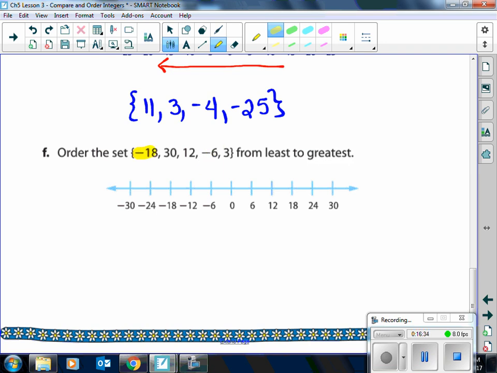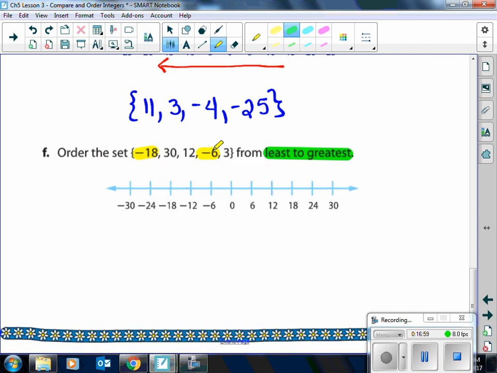So here we've got 18 and negative 6. Keeping in mind we're going from least to greatest, okay? Now the reason I chose to do the negatives first is because we're starting with the least. If I were going from greatest to least, I would compare the positives first, right? Is everybody with me?